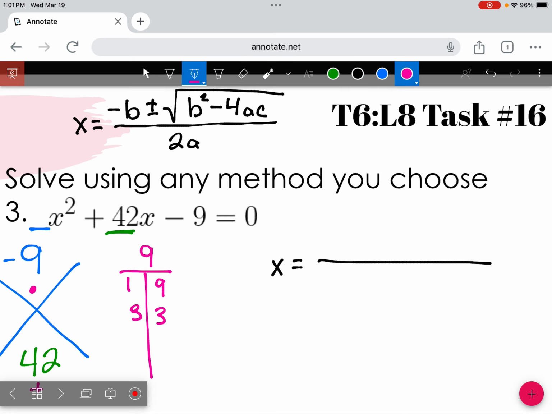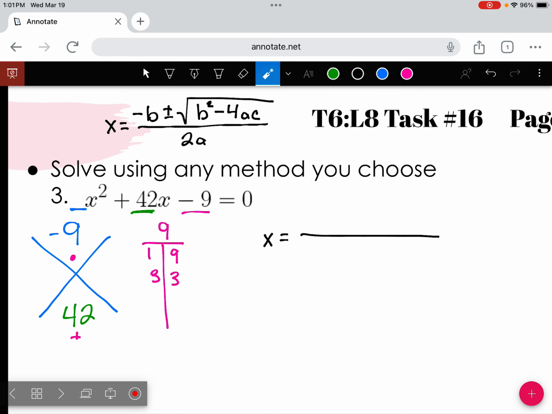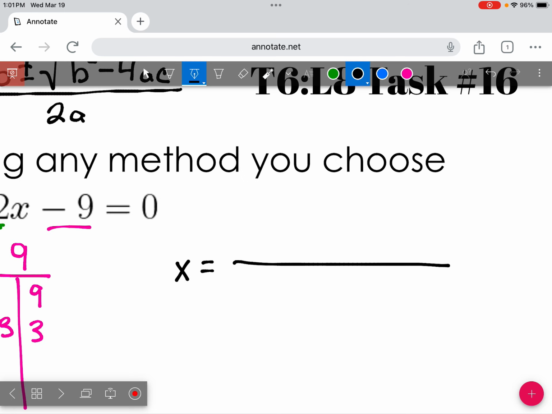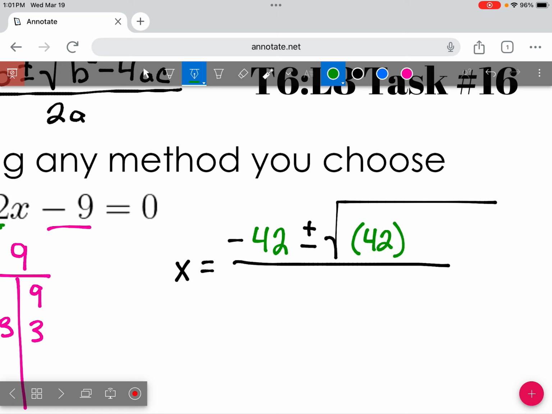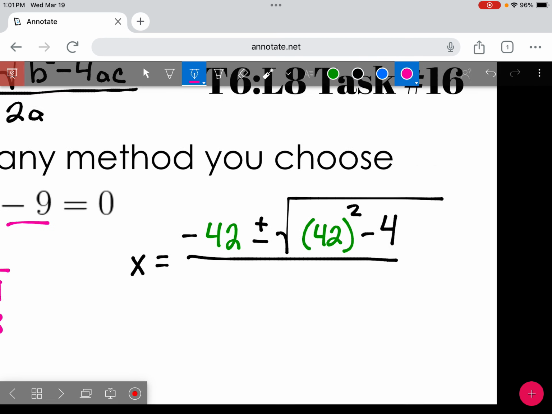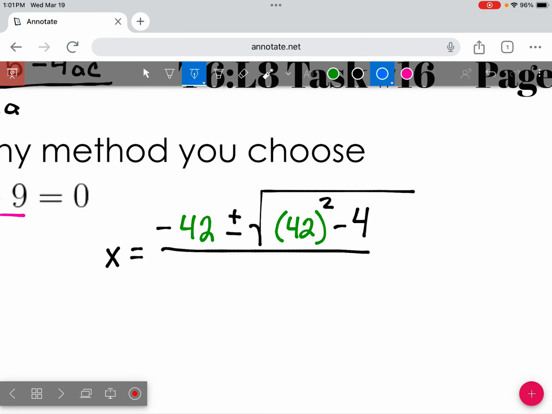So I'm going to swap this one out for the pink so that I can have my A, my B, and my C. Because we're going to do our opposite of B, which is green, 42, plus or minus the square root of our B squared, 42 squared, minus 4 times our A, which is 1, times our C, which is that minus 9.